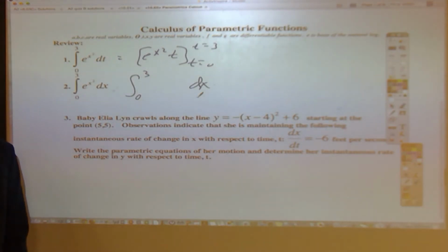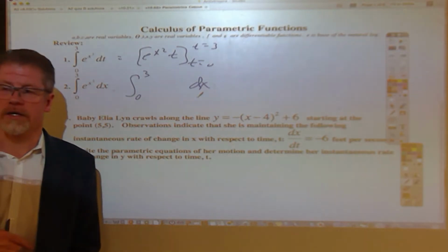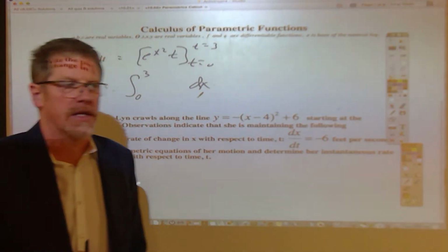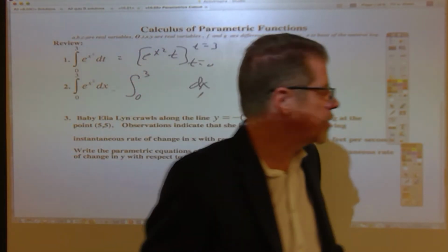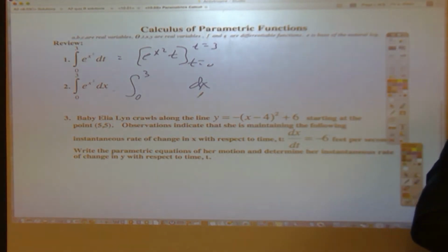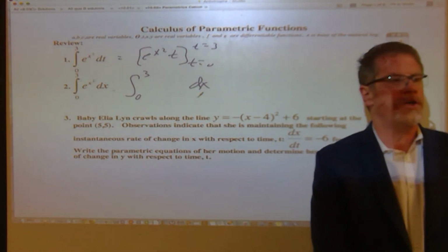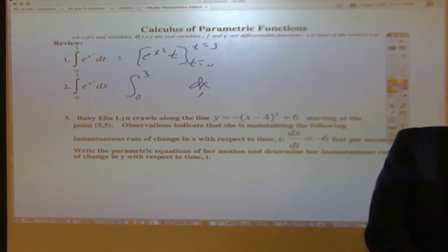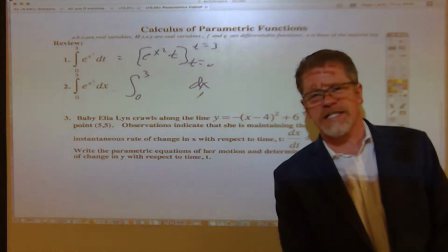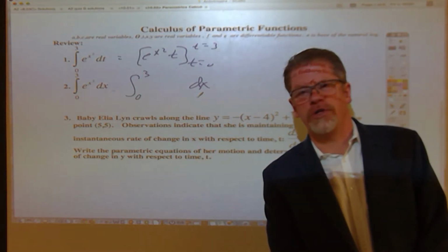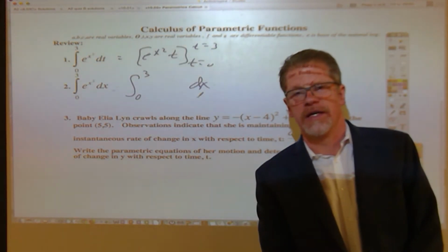How am I going to find the antiderivative of e to the x squared? A u substitution will not work. Integration by parts does not work. LIATE fails. What do we do? It's one word. It begins with an S.